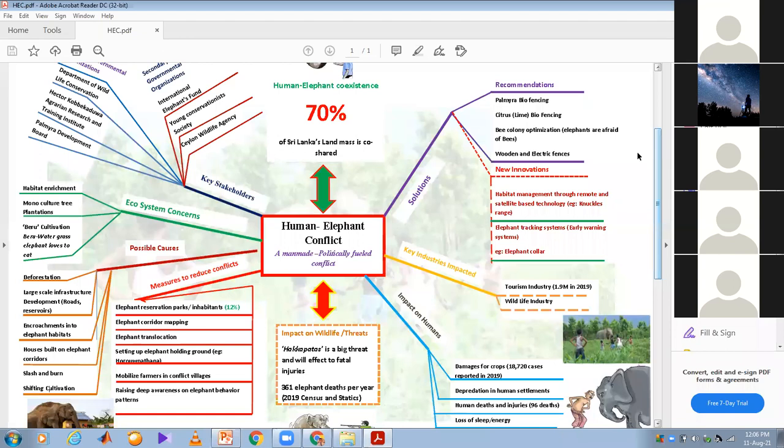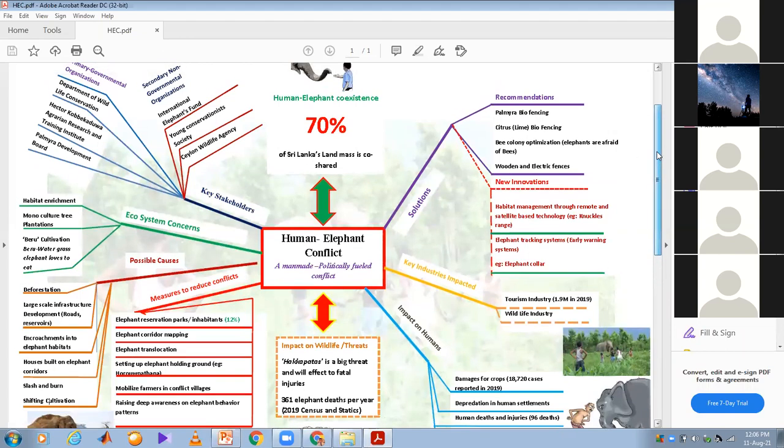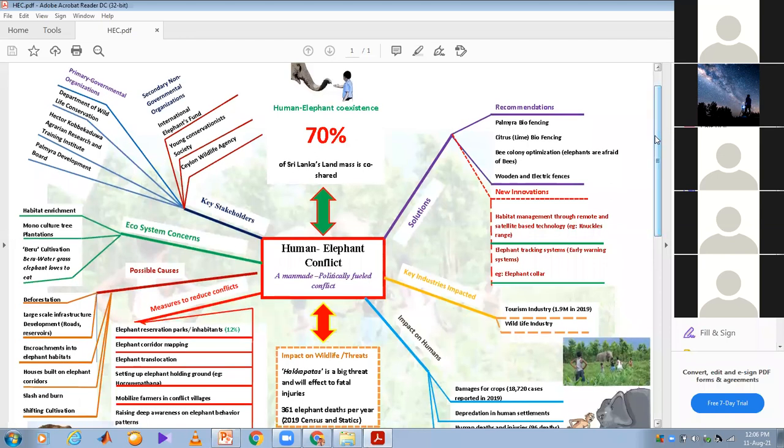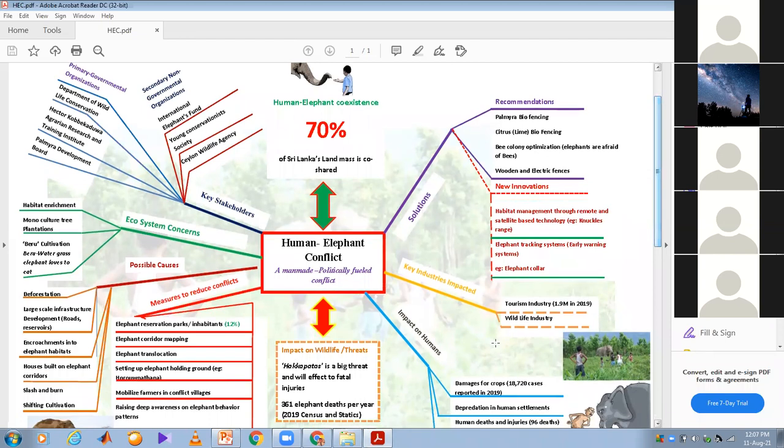First, who are the key stakeholders? They can be divided into governmental organization bodies and non-governmental organization bodies. Under non-governmental you have International Elephant Funds, Young Conservationist Society, Ceylon Wildlife Agency. Under the governmental organizations, you can say the Department of Wildlife Conservation and so on.